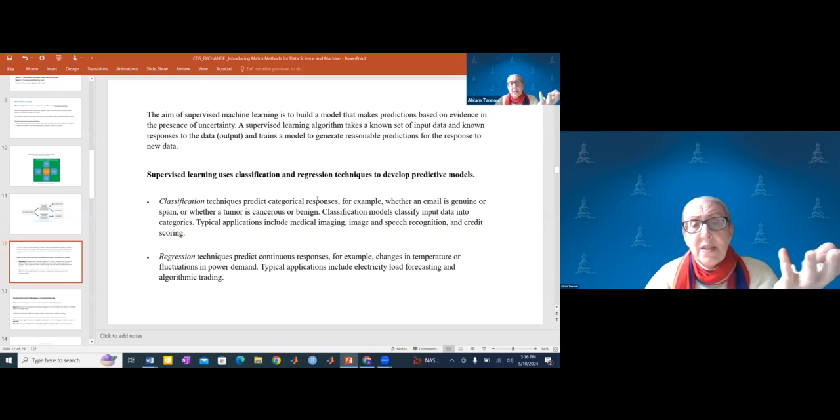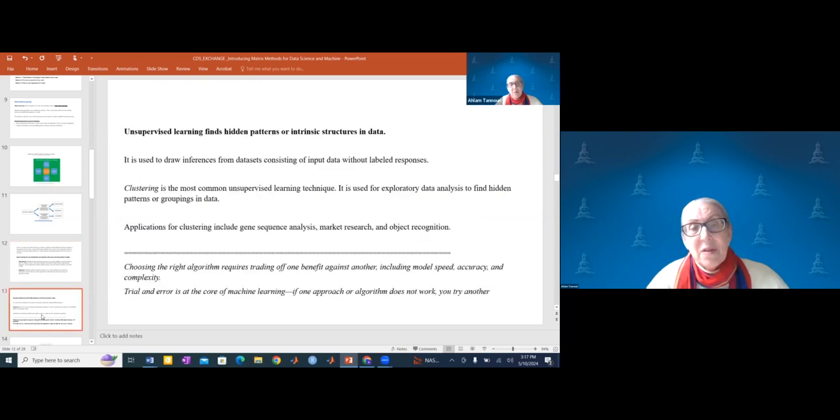A tumor, is it a cancerous one or a benign one? So these are the classification techniques for supervised learning. And we also have the regression technique. We have all kinds of regression. I use matrices to teach them, but some people already had an idea about regression from statistics.